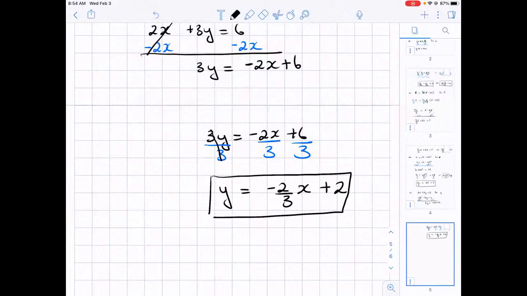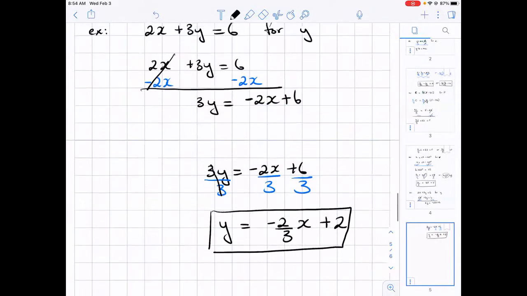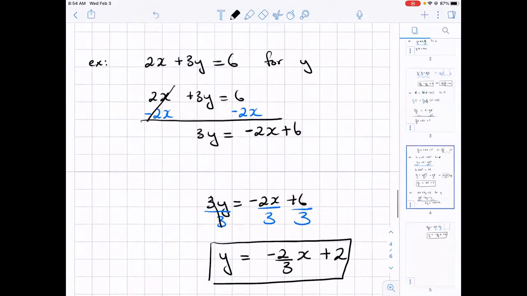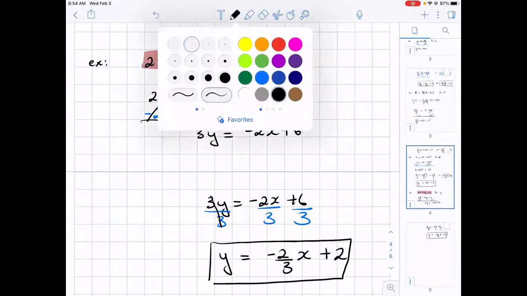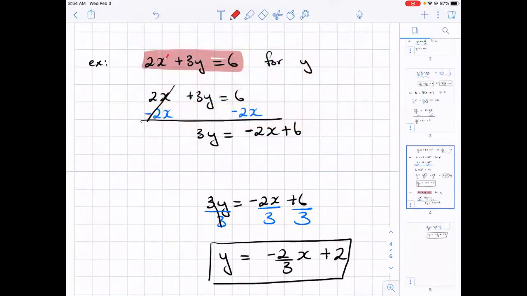Now you will see a lot of these because when you're given an equation with two variables, here we have an equation with two variables, okay? And this is a linear equation because we talked about linear equations and we said that when the exponents are 1 for all the variables, it's linear, right?